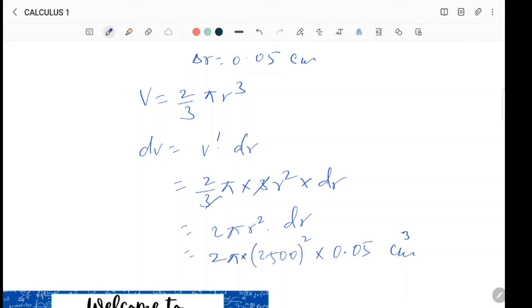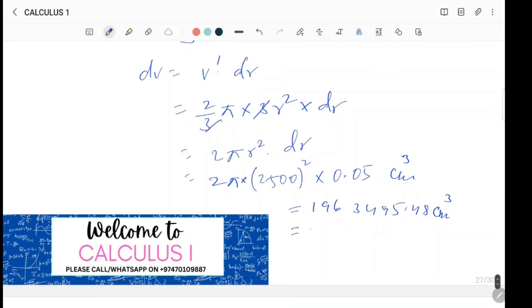How much? This much amount, which is 1,963,495.48 centimeter cube. It's a very big number, right?